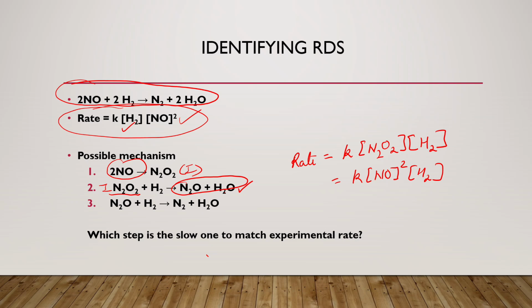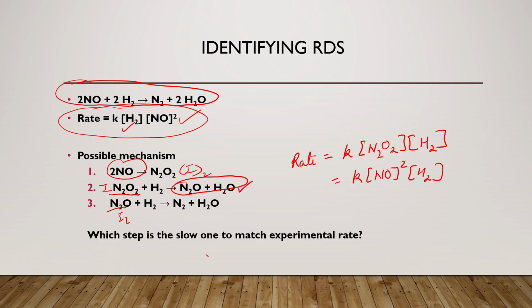But also let's try to find out why the third step cannot be the rate determining step. In the third step, we have N2O, which is our second intermediate. Let's call this I2, which is reacting with H2 to make N2 and H2O.